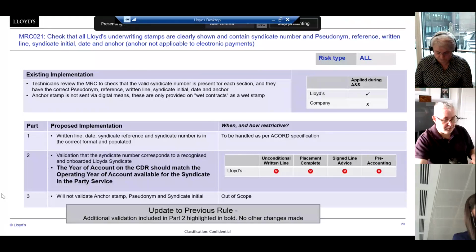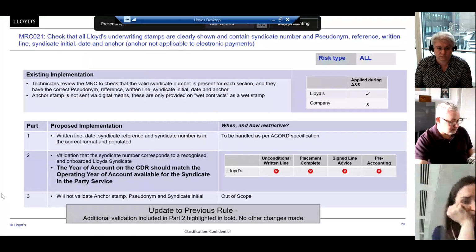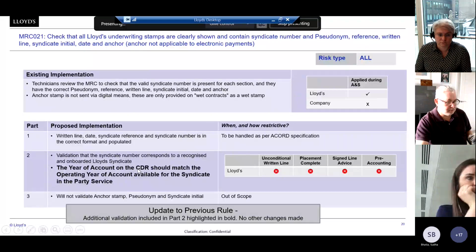Yeah, we're aware of that one, Kirsten. You're right, that is required. There will be multiple years of account. So we'll have to think about it and validate more than one against the range that is available for the syndicate in that case.